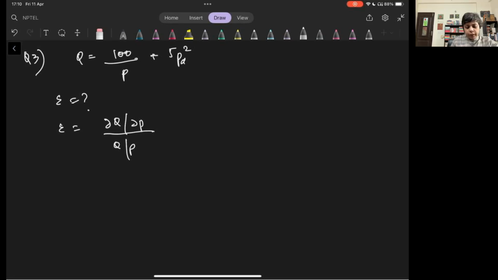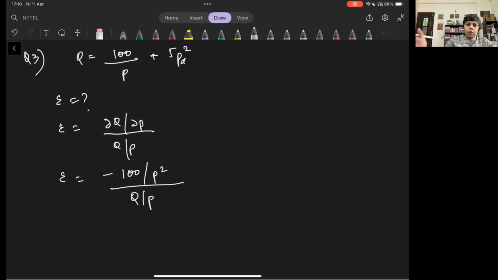Now this we can easily calculate. We differentiate this function, 100 by P plus 5PD square. We are taking the partial derivative with respect to P. So this becomes minus 100 by P square upon Q by P, for plus 5PD square is 0, right, when you take the partial derivative with respect to P. Let's just check if I'm getting the correct answer.